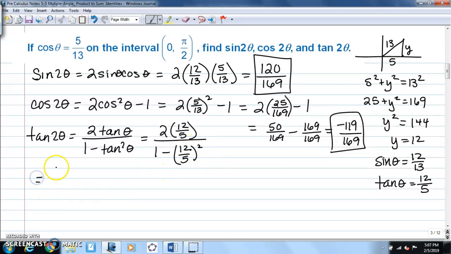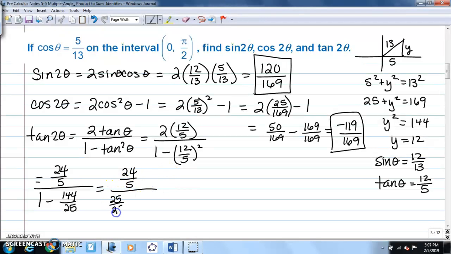Well, that's equal to 24 over 5 over 1 minus 144 over 25. That's 24 over 5 divided by 25 over 25 minus 144 over 25.